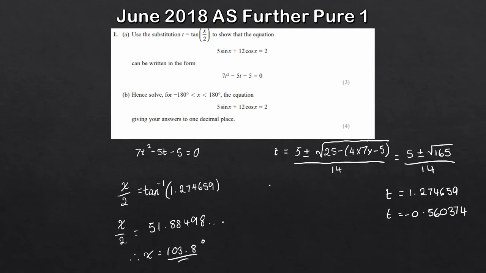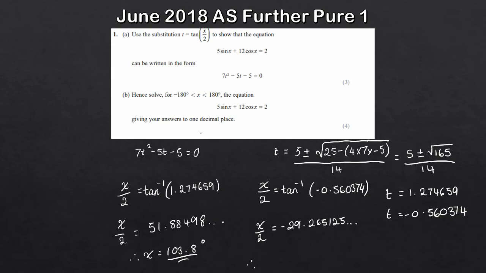And then my next solution is for this t value here. So x over 2 is equal to tan inverse of minus 0.560374. So x over 2 is equal to minus 29.265125, and so on. And we can times this by 2.